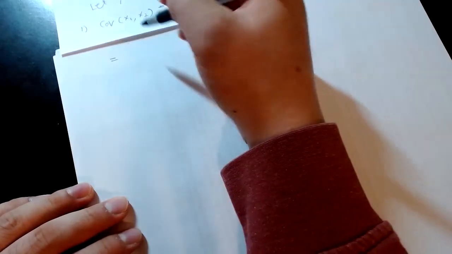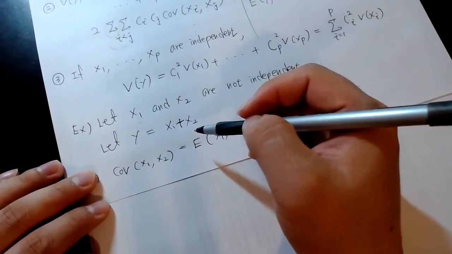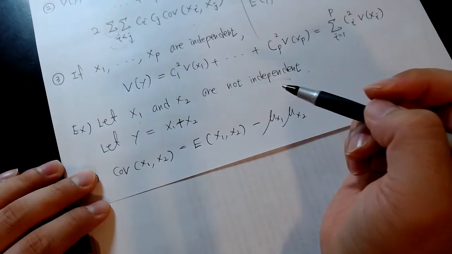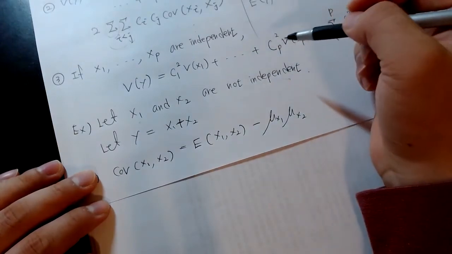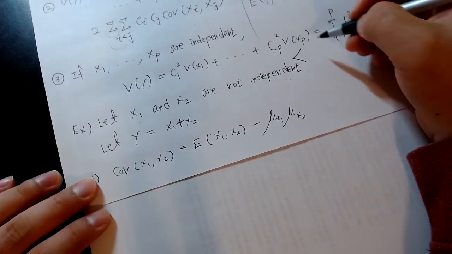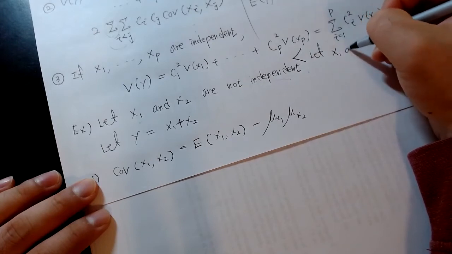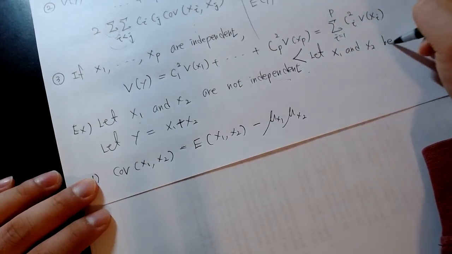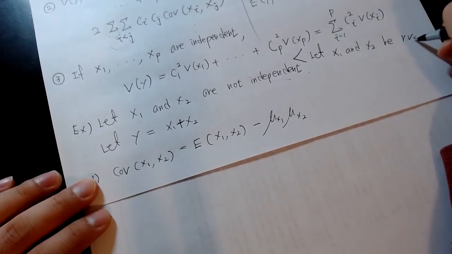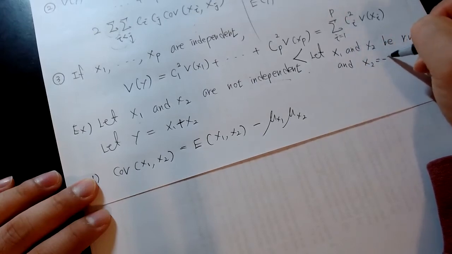So now that is equal to what? Y is equal to x1 plus x2. Sorry, I missed one more piece of information. Let's say x1 and x2 are random variables, and x2 is equal to negative x1.